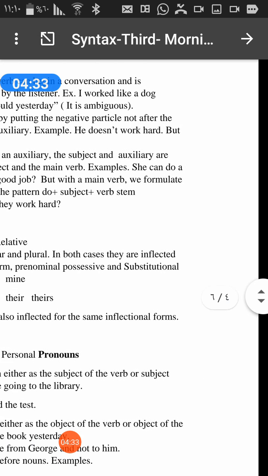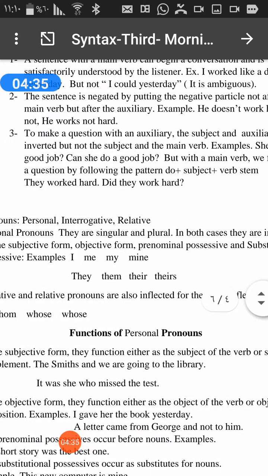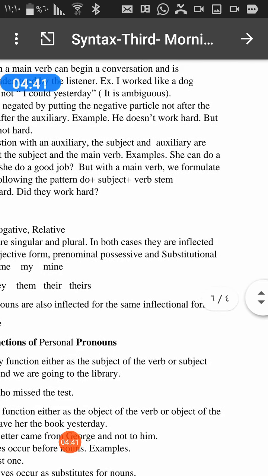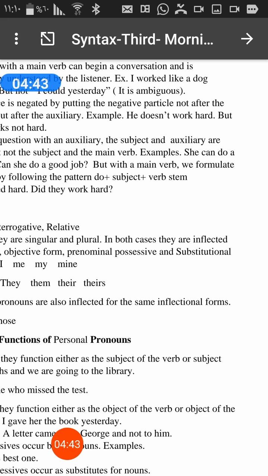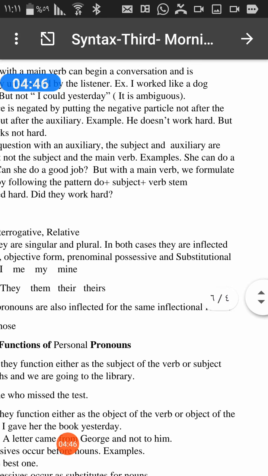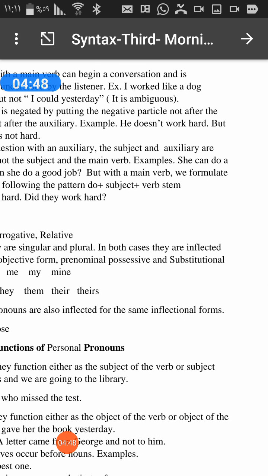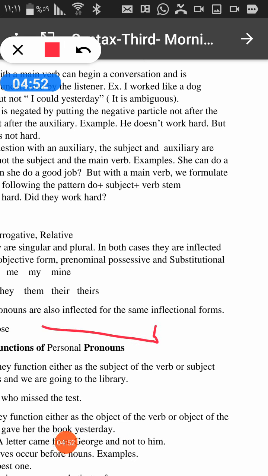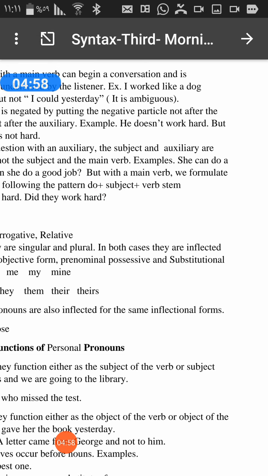But with a main verb لكن مع الفعل الرئيسي we formulate a question. عادة نعمل صياغة السؤال حسب النموذج التالي اللي هو أنشرها لكم الآن بالقلم اللي هو do. This is do فعل do بعدين يجي subject بعدين الفعل الرئيسي and so on.